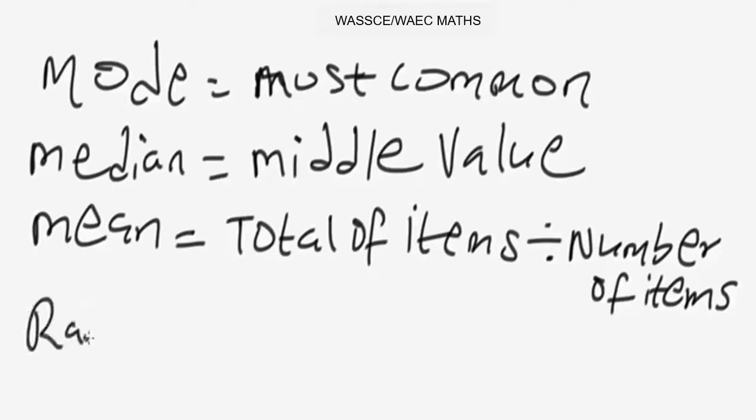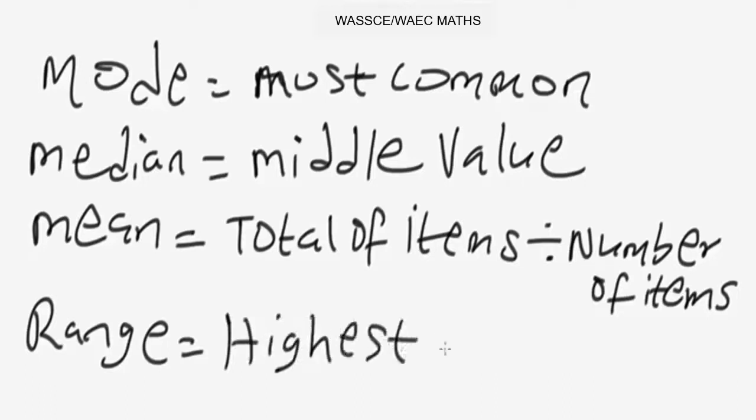Whereas the range is basically the difference between the highest and the lowest. So you can say range is highest minus lowest of the data you're working with or you have in the question.